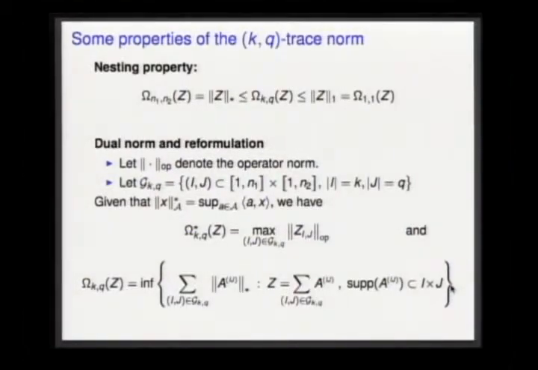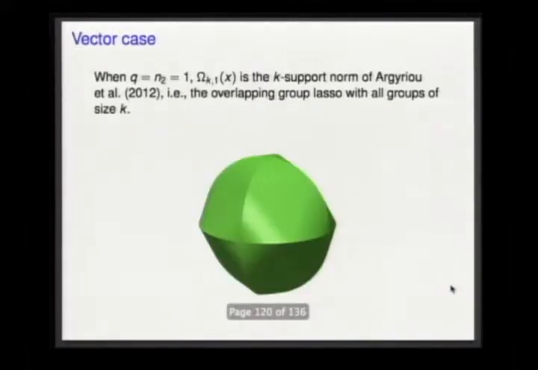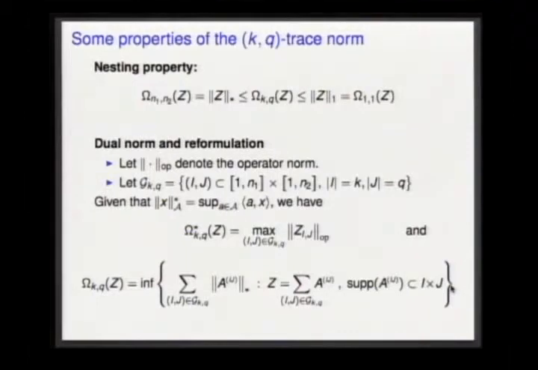We have also a formulation for the dual of this norm that we know since we built the norm as being an atomic norm. So the dual norm is going to be given by the maximum over all the supports I of size k and supports J of size q of the operator norms of submatrices which are non-zero over these supports. So sorry, this is a submatrix of our matrix, which has indices belonging to I Cartesian product with J. And it's the maximum of the operator norms of these.